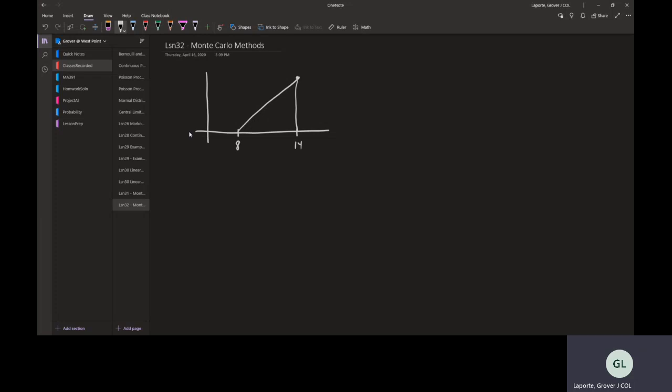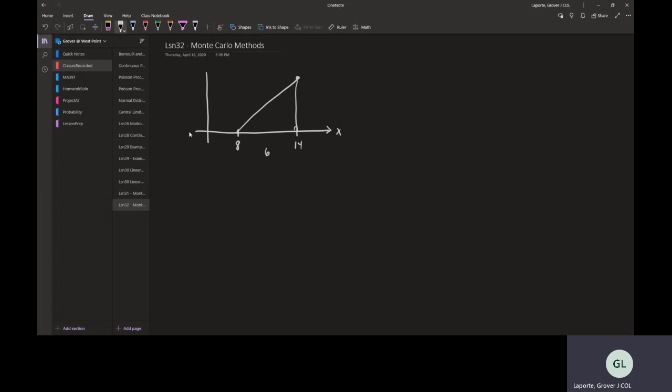Okay. So the question here is, what is this line? That's the very first thing you've got to figure out. I'm basically giving you 2 points. And the one thing that we do know is the area underneath this triangle has to equal 1. So delta x here, 14 minus 8, is 6. And this is a right triangle because it's going straight up.